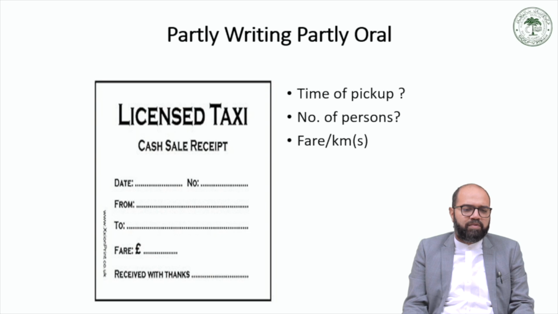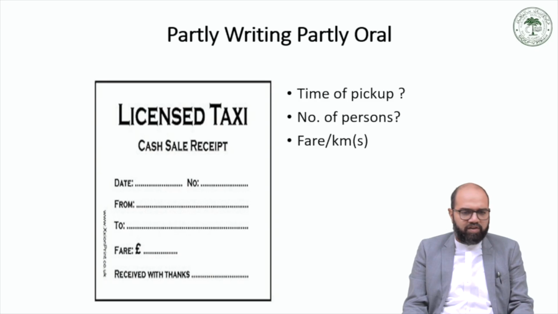But there are certain other aspects of a contract of travel or conveyance. For example, this receipt does not provide what the time of pickup is. In the same way, it also does not provide information about the number of persons and what is going to be the fare per kilometer.